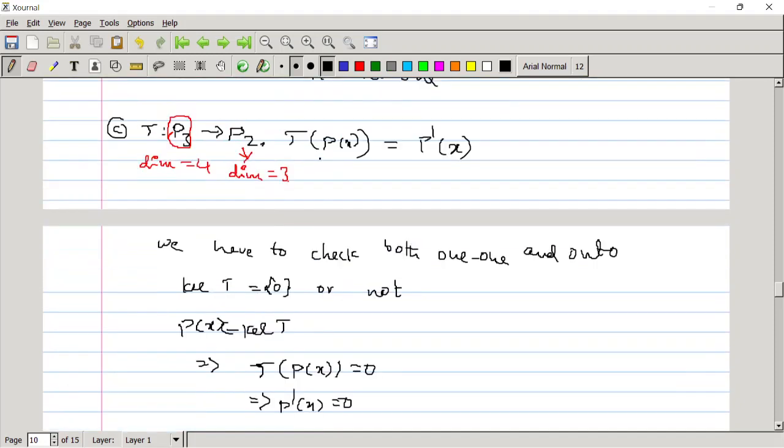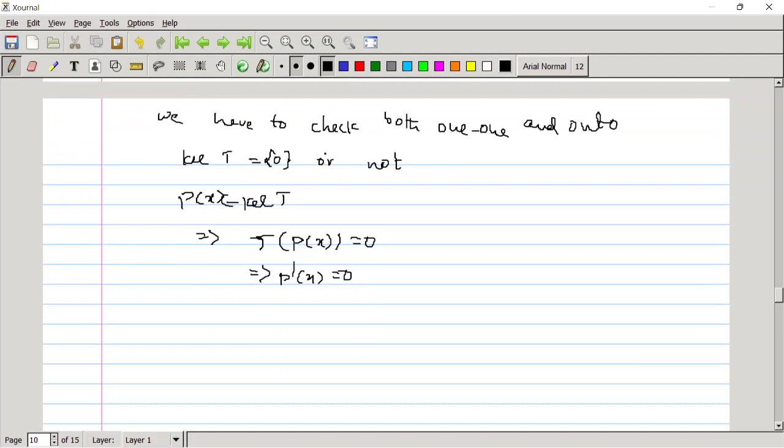Here we are taking p(x) in P3. That means p(x) is a polynomial of degree at most 3. Let me write it as a plus bx plus cx² plus dx³.